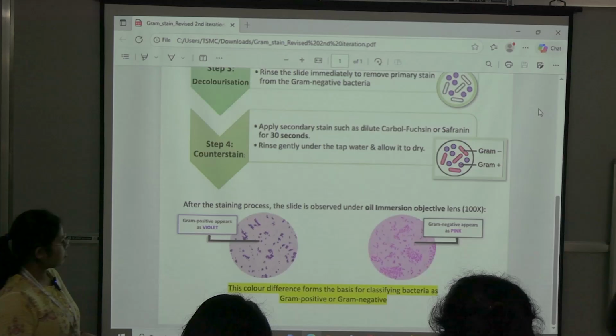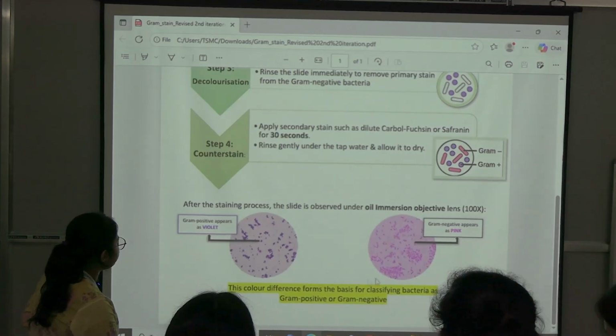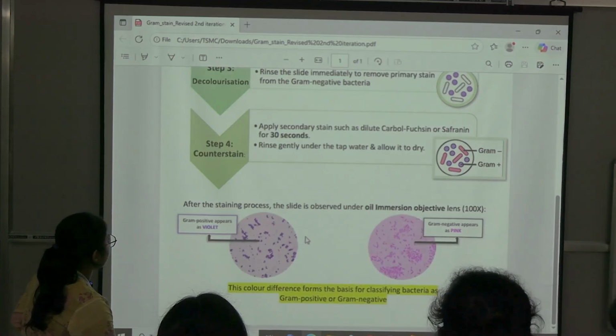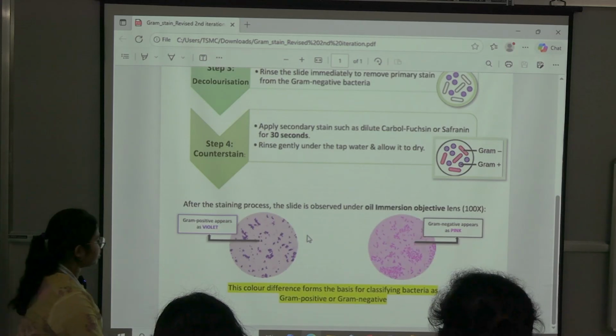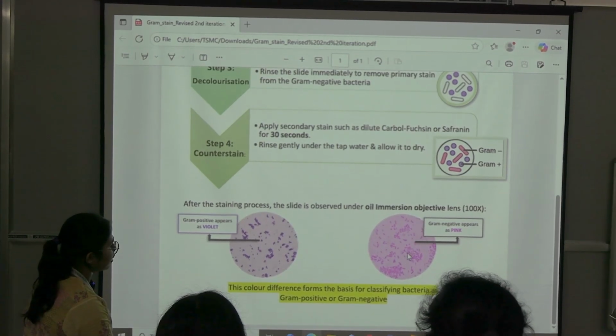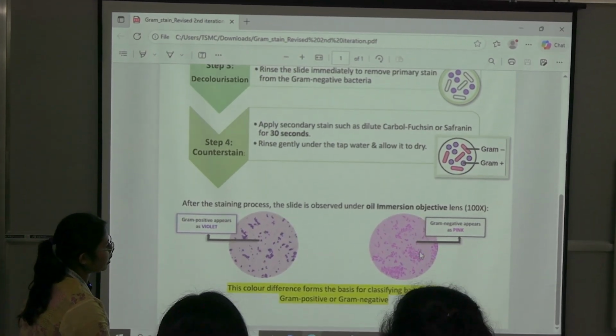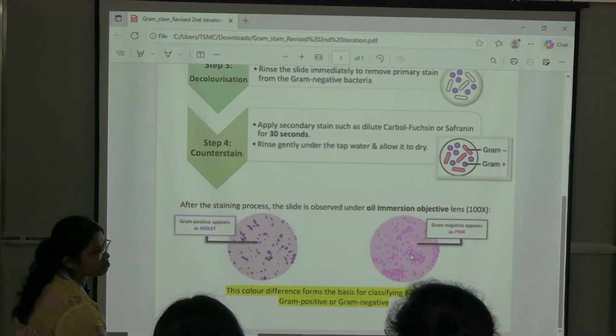Under the microscope, gram positive cocci will be presenting like this, and gram negative bacilli will be presenting like this, pink colored rod shaped structures.